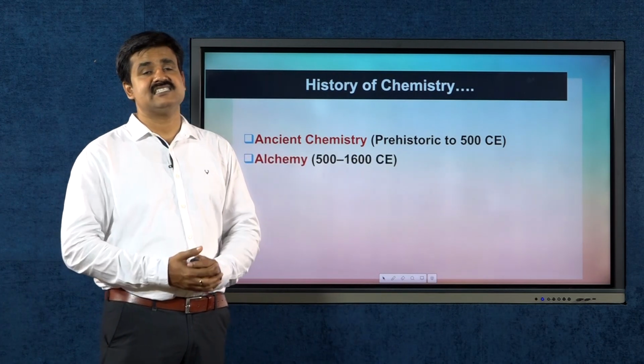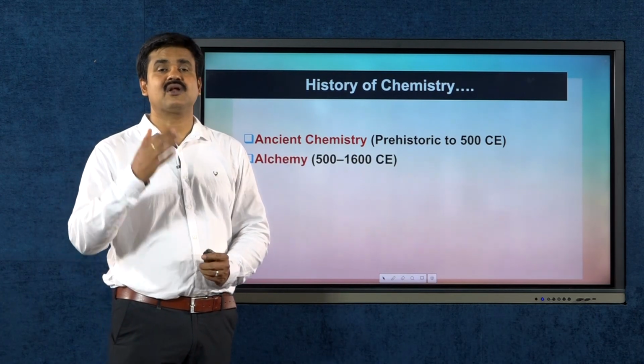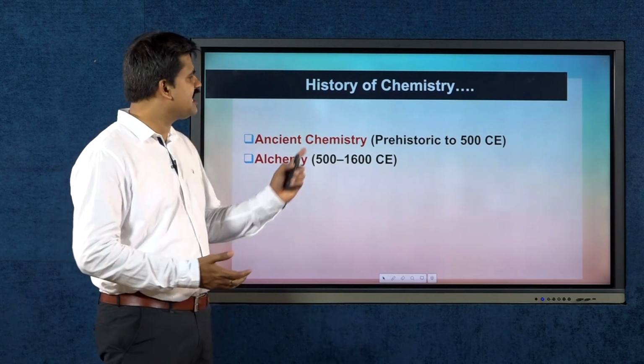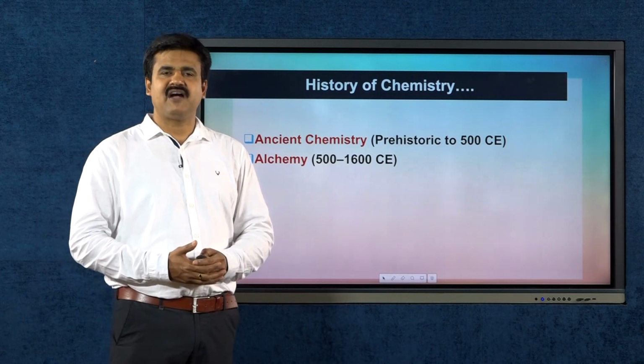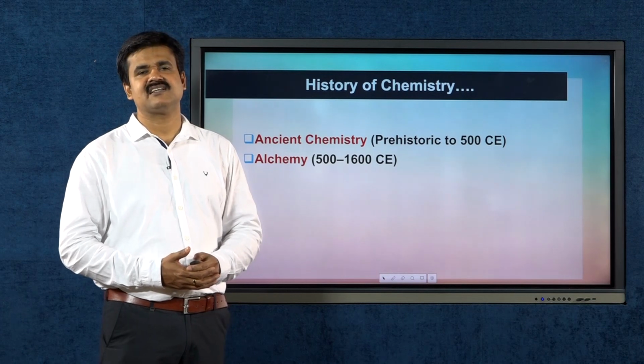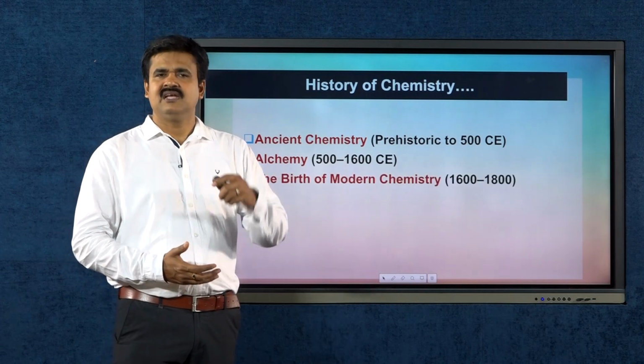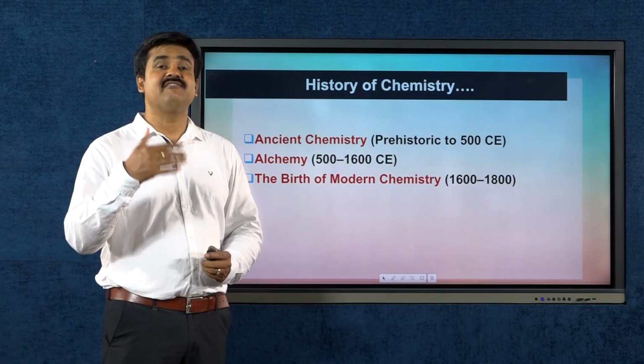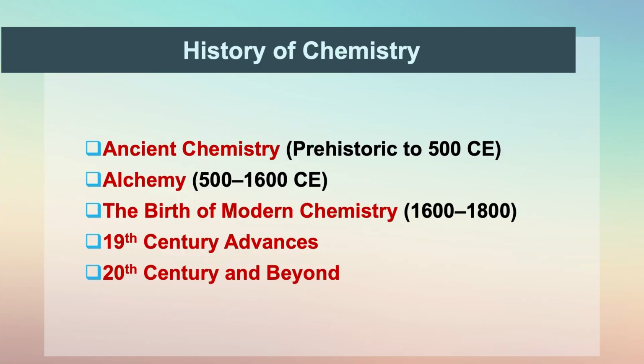The next stage is the alchemy period, that spans between 500 and 1600 CE. The next historical stage of chemistry is the birth of modern chemistry, which happens in the year range 1600 to 1800.